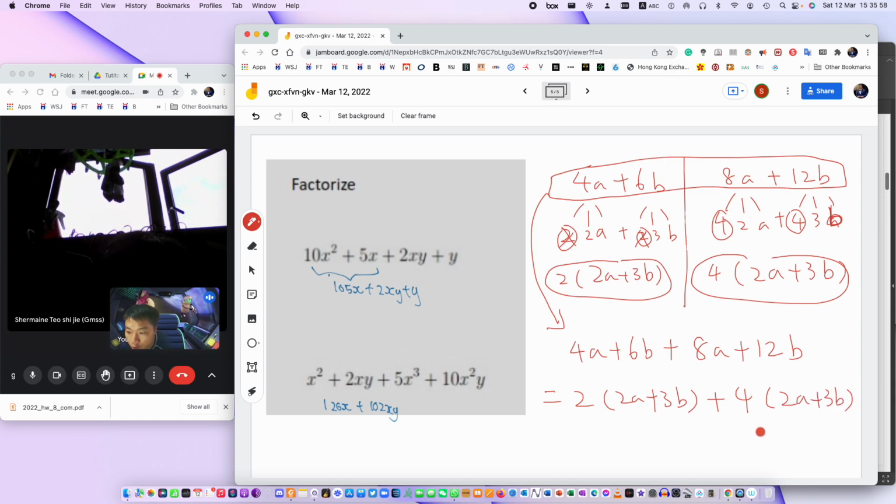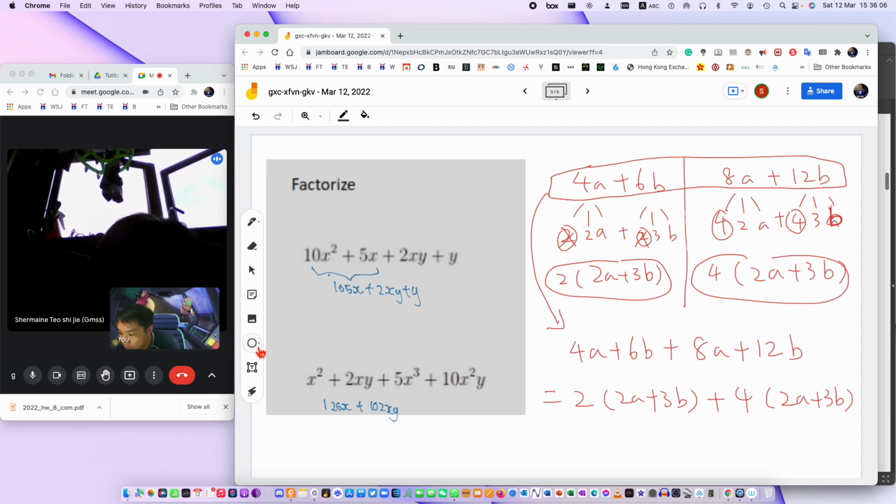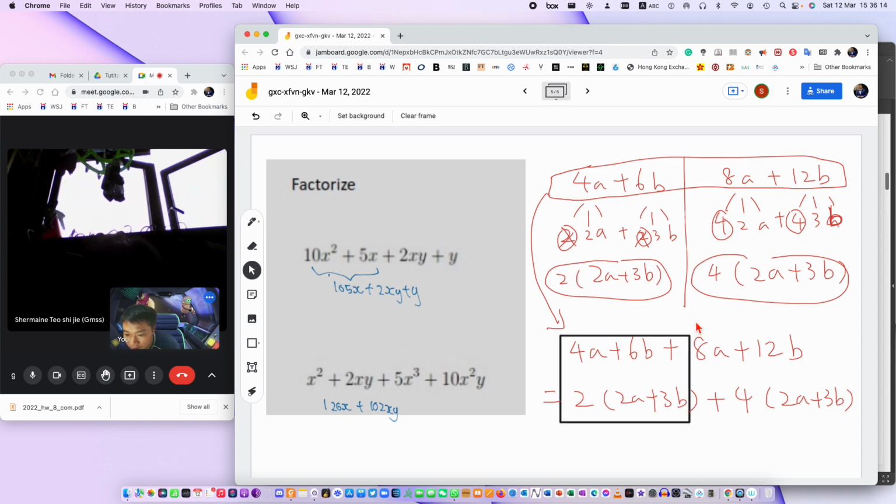Why do I say so? Because this one is given by this, right? Meaning this one is given by this, right? And then this one is given by the back. Am I right or not?